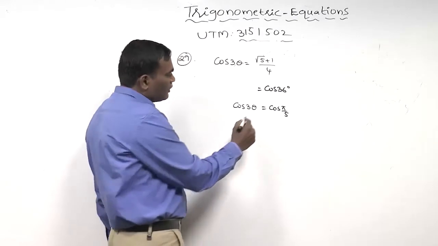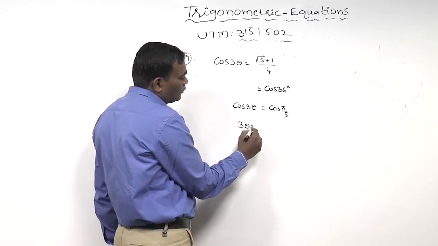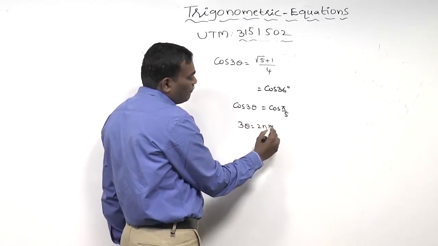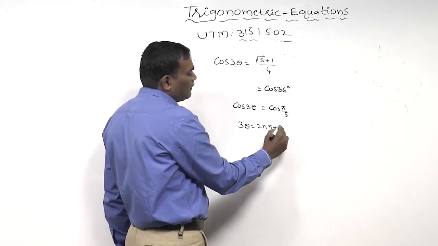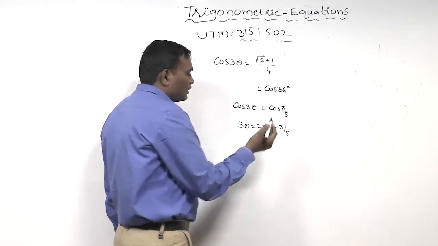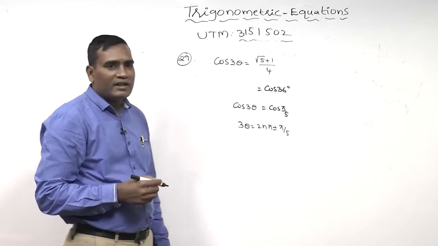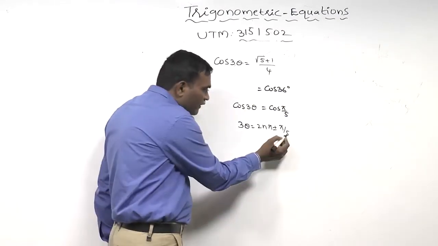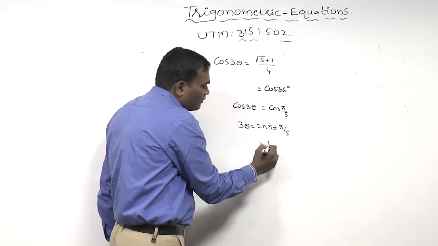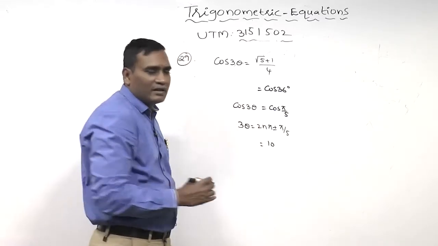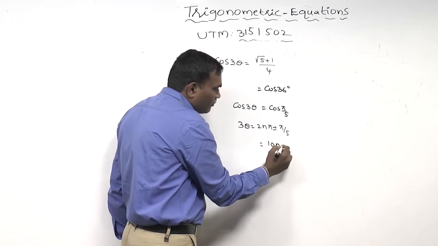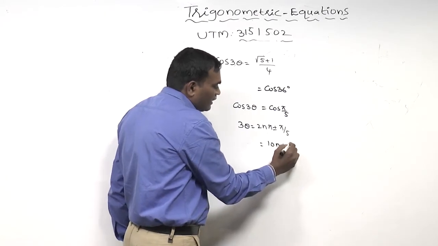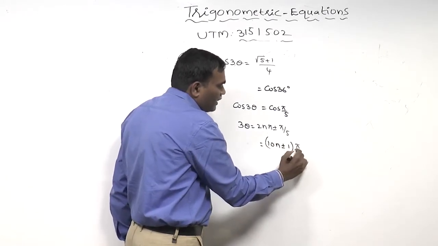If cos theta is equal to cos alpha, theta is equal to 2n pi plus or minus alpha. So, 3 theta is equal to 2n pi plus or minus pi by 5. 5 2s are 10, you always write like this: 10n plus or minus 1 into pi by 5.